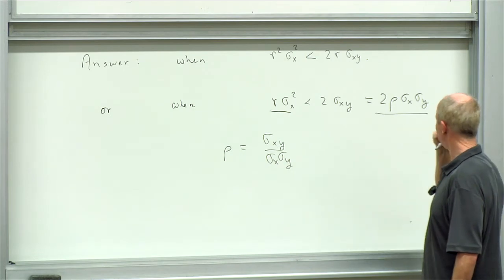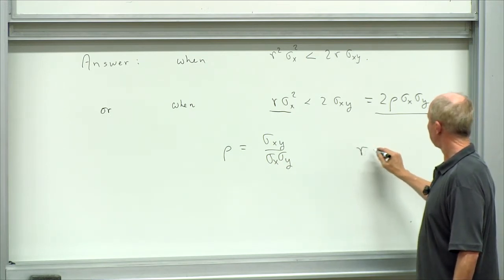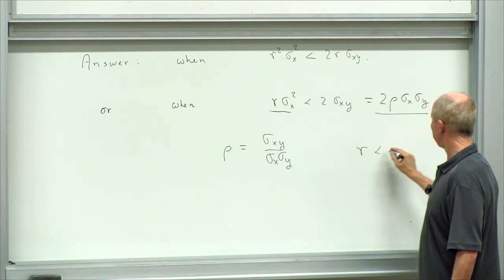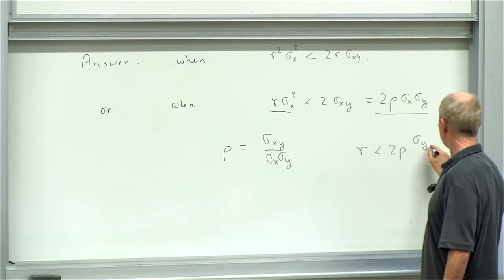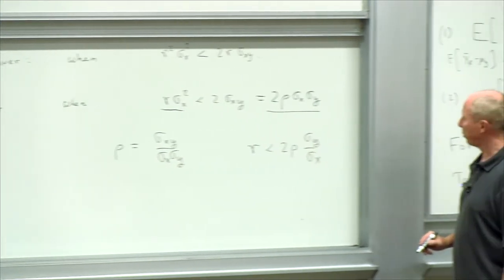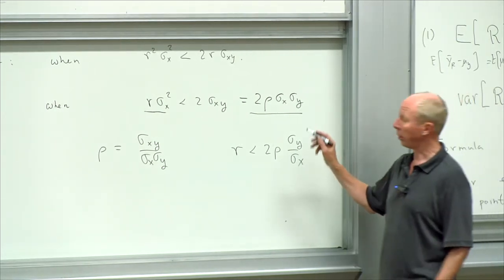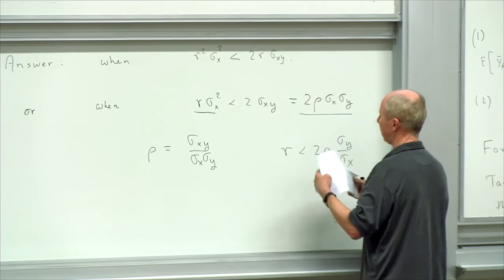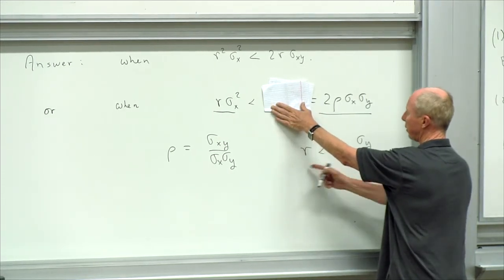That becomes R is less than 2 rho sigma y over sigma x, if I divide both sides by sigma x squared. Forget the middle part here. Divide both sides here by sigma x squared, you get this inequality.